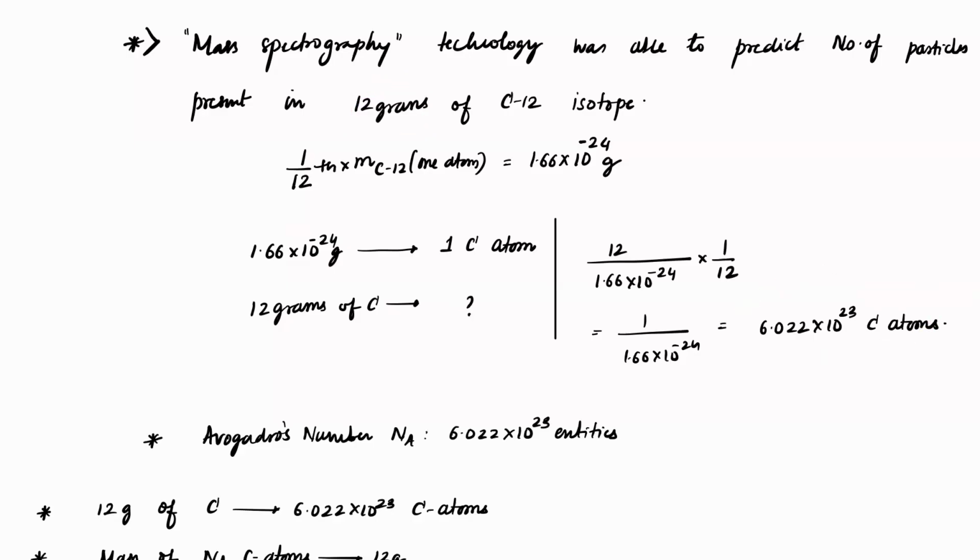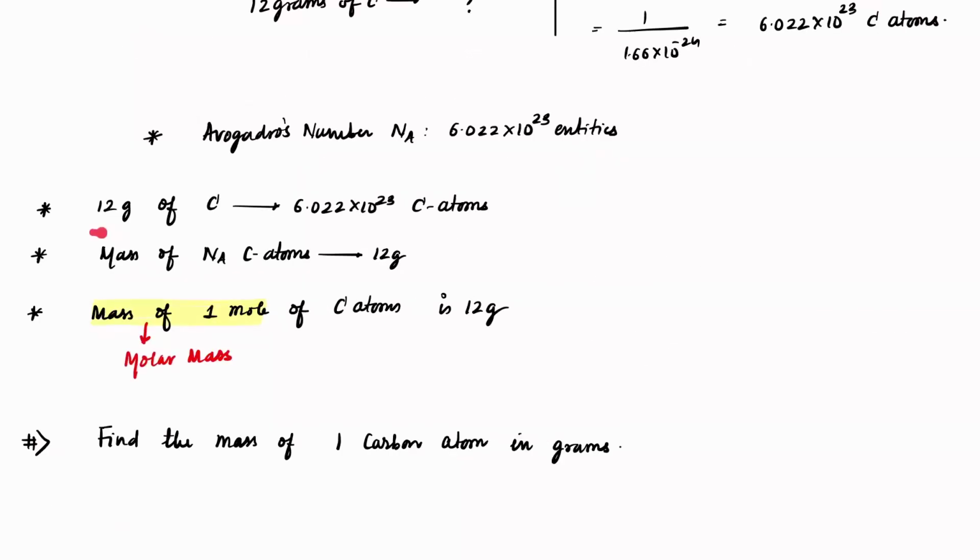And this number is also referred to as Avogadro's number. The same idea can be extended to electrons, protons, any other species. Got it? So 12 grams of carbon is equivalent to these many carbon atoms, and the mass of those many carbon atoms is equal to 12 grams.